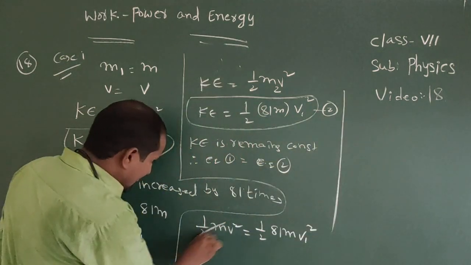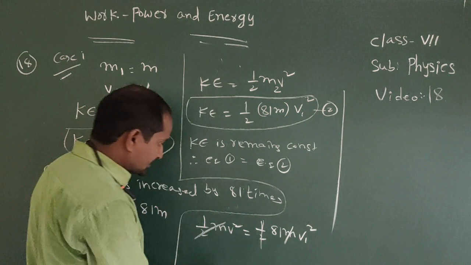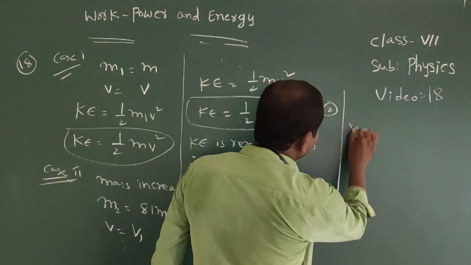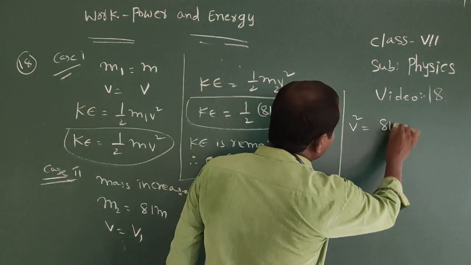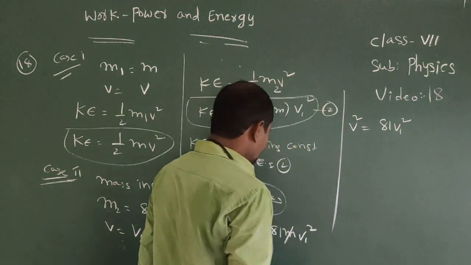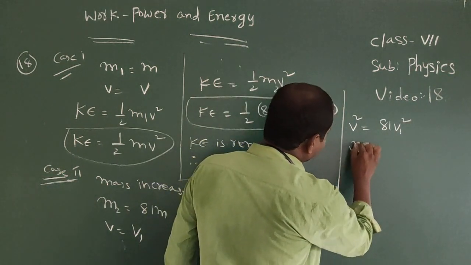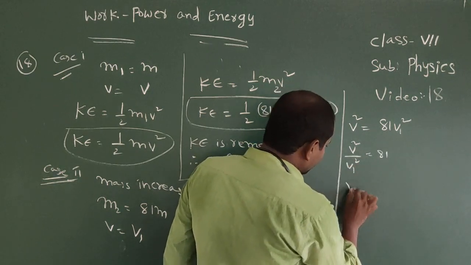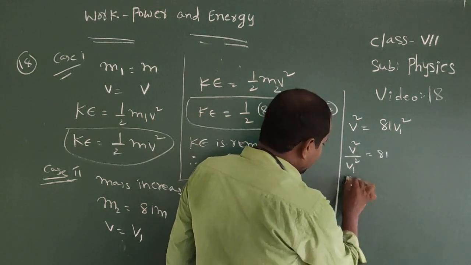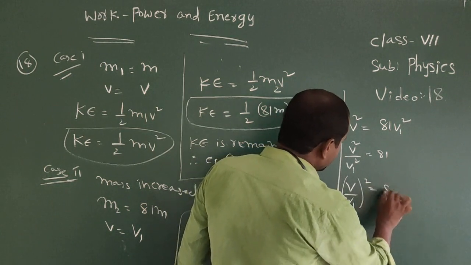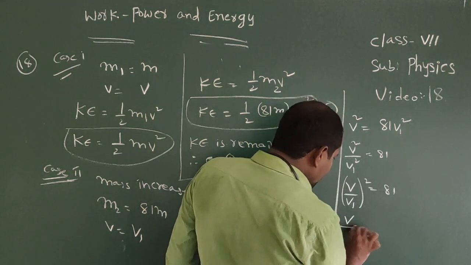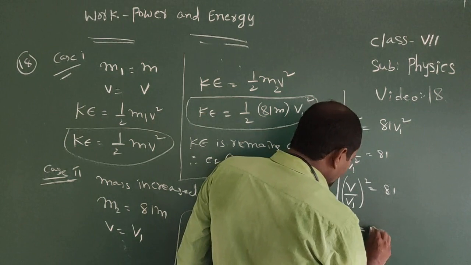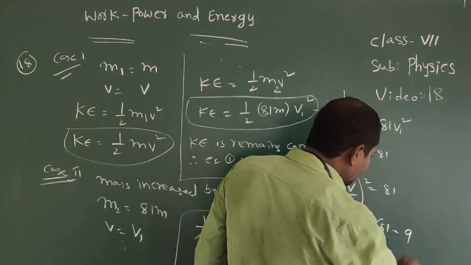Half m cancels, so v square equals 81 v1 square. So v square by v1 square equals 81. Therefore v by v1 whole square is equal to 81, so v by v1 equals root 81, that equals 9.